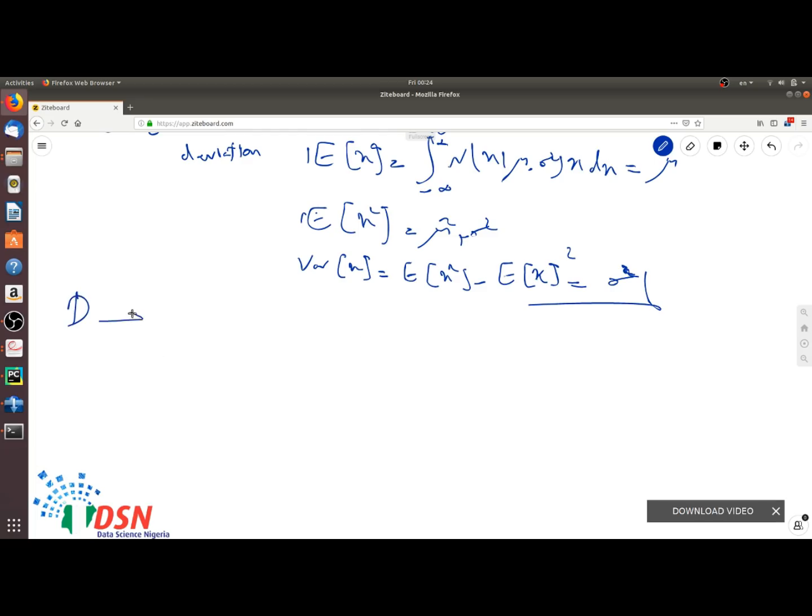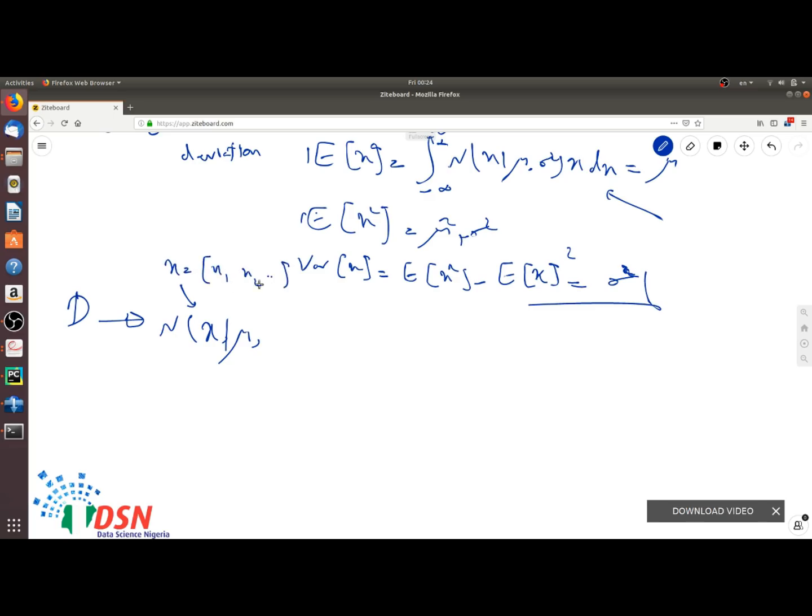For the d-dimensional case, this is actually for just one dimension. If we have more than one dimension, we have mu as a vector, because x is a vector.